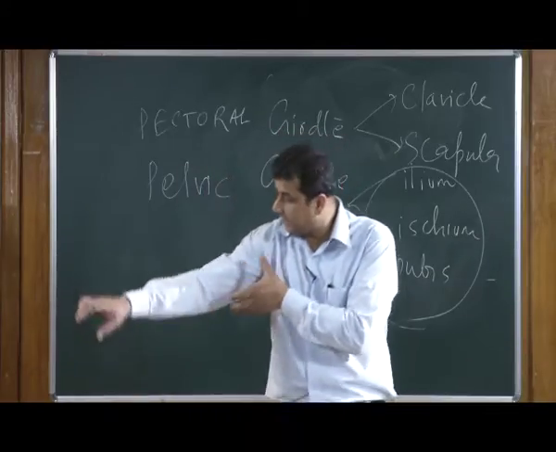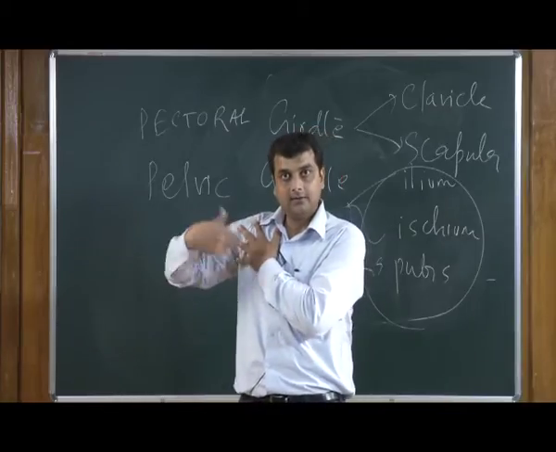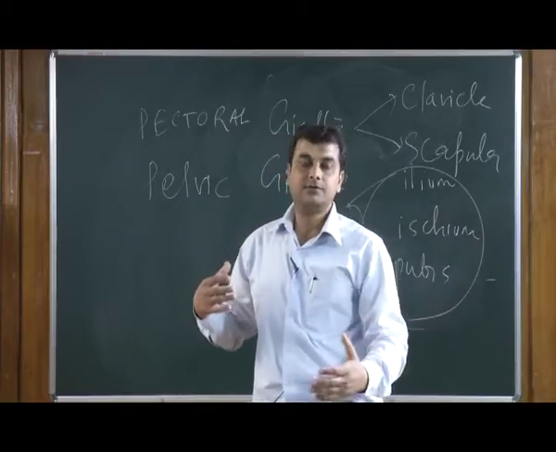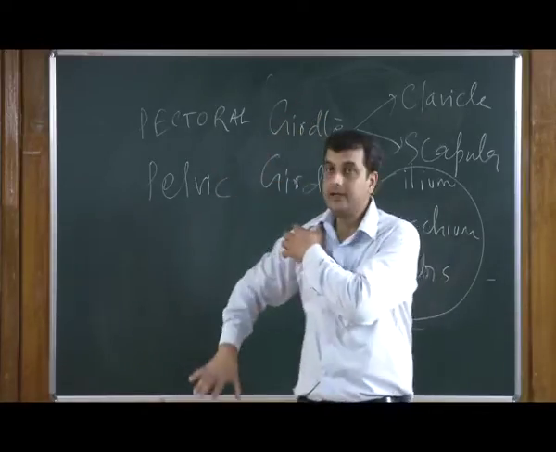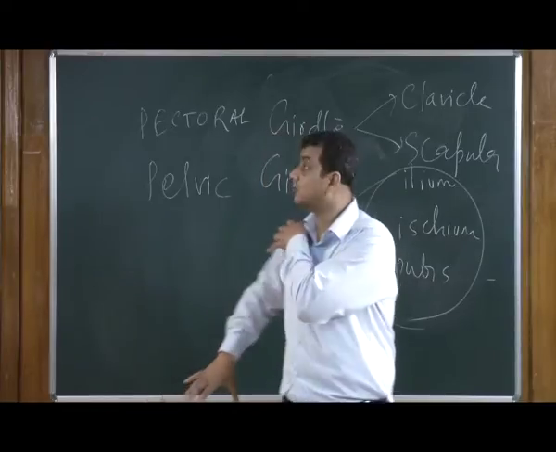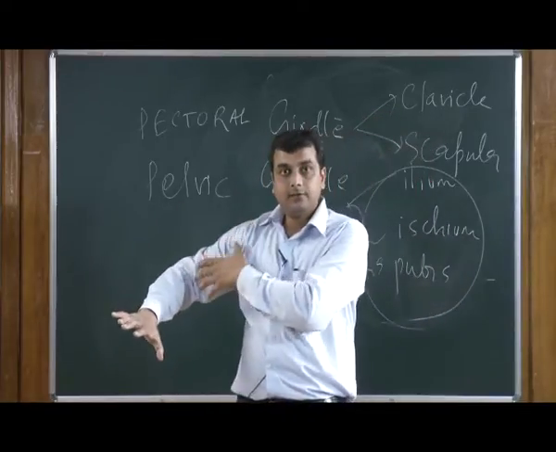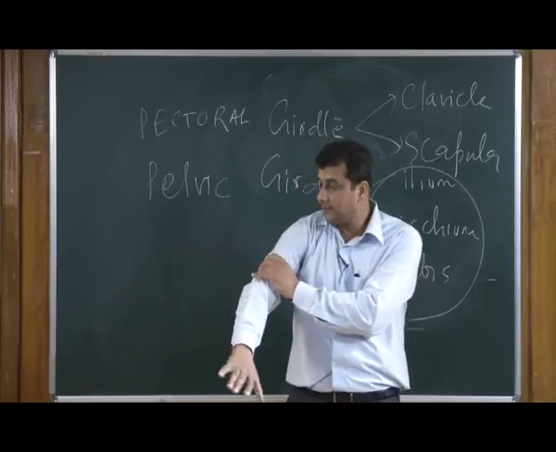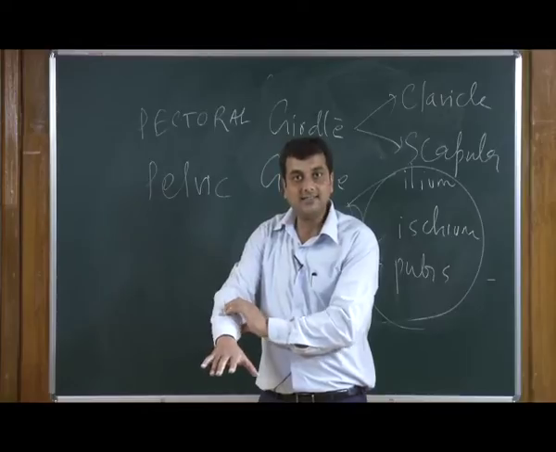So if we start, this is long bone. So this is pectoral girdle, and then once we understand here, then we will try to see in the slide form. So we have pectoral girdle, we have this collarbone, and this collarbone is what we call clavicle, and then you have a scapula. And thereafter you have this bone which is called humerus, then you have radius and ulna.